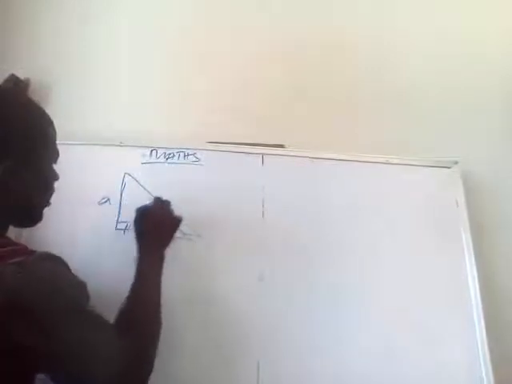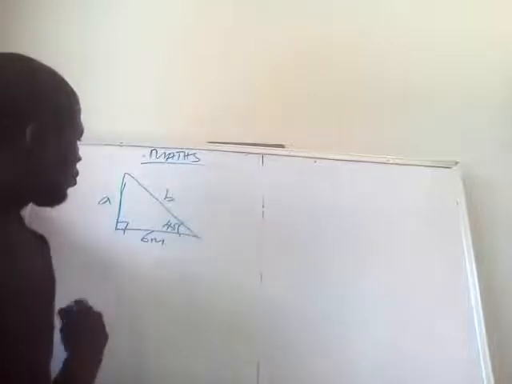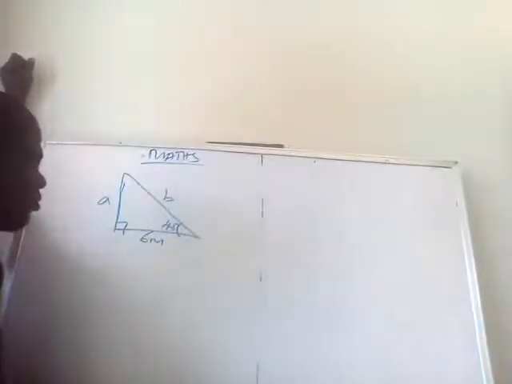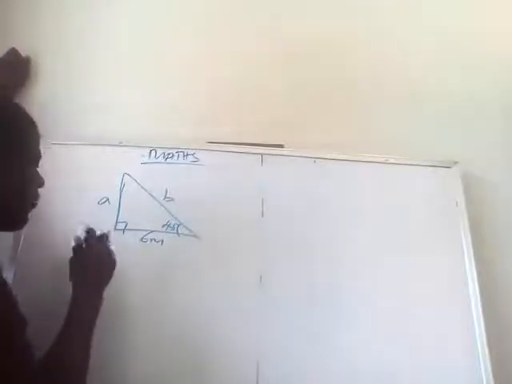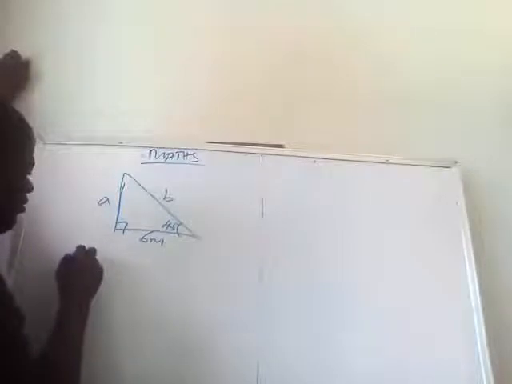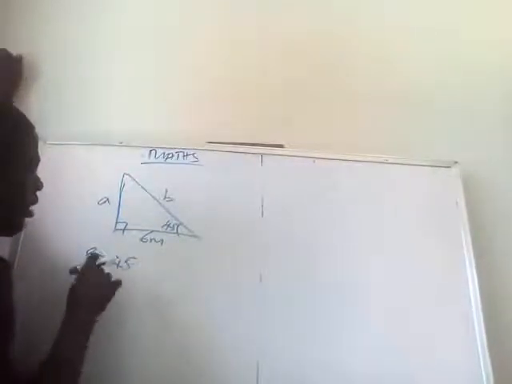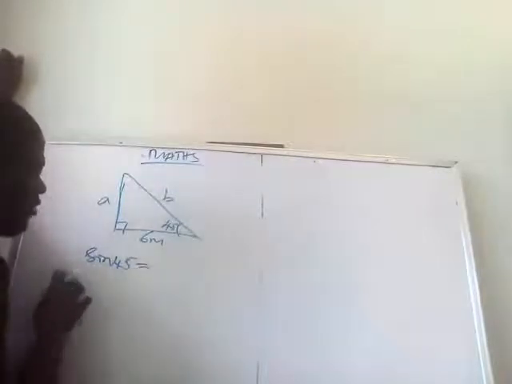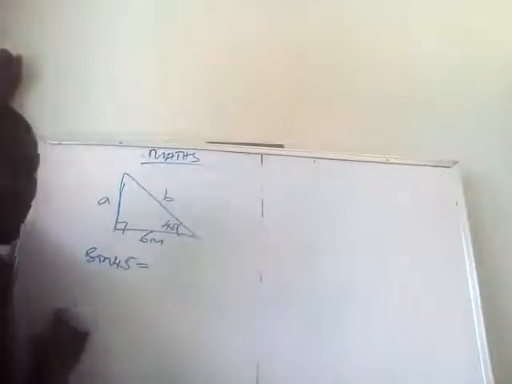You have A and you have B. So from what we have been doing, you have sine 45 equal to opposite over hypotenuse.